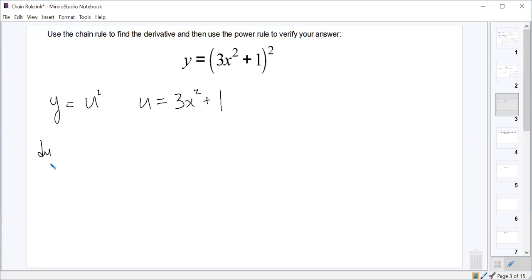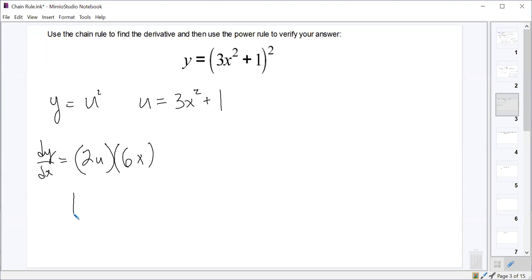What is dy dx? It should be the derivative of this, which is, what's the derivative of u squared? 2u. 2u times the derivative of u, which is 6x.